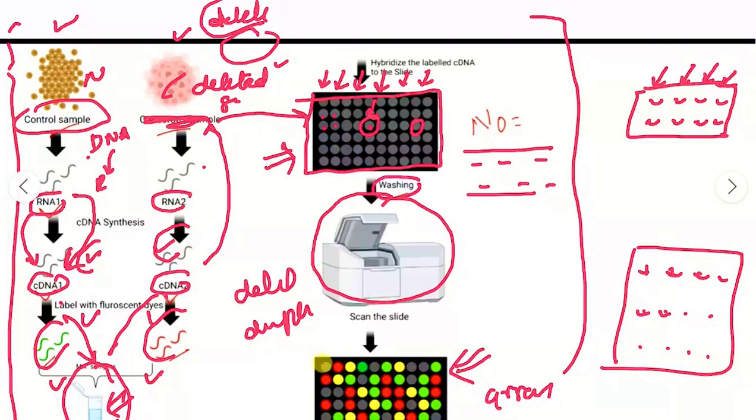Why did they do the washing here? See, after mixing it, I allowed it to be hybridized. What do you mean by hybridization? There is a known sequence of the gene that I have put here. After mixing it, it will detect where deletion is present.